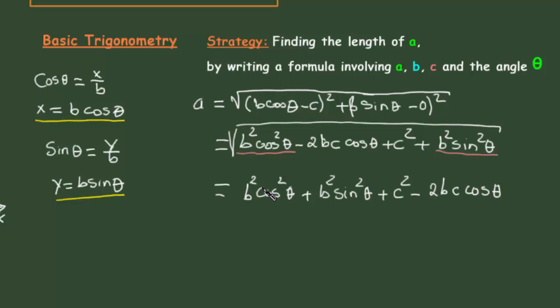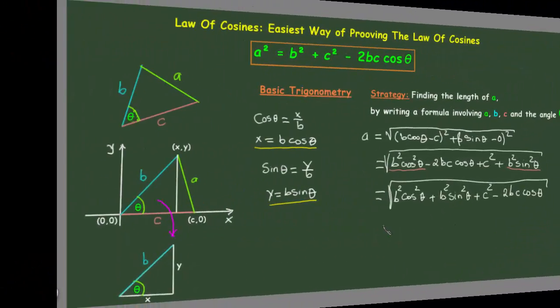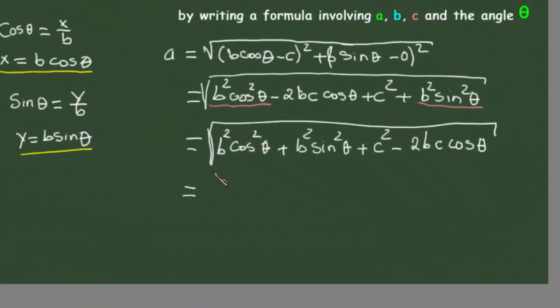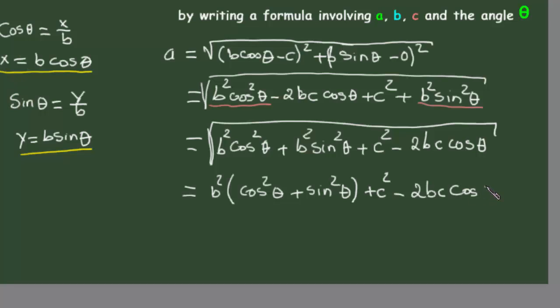We're just rearranging it. Now we can factor out b squared: we have remaining cosine squared of theta plus sine squared of theta, plus c squared minus 2bc cosine of theta, and the whole thing under a big square root.